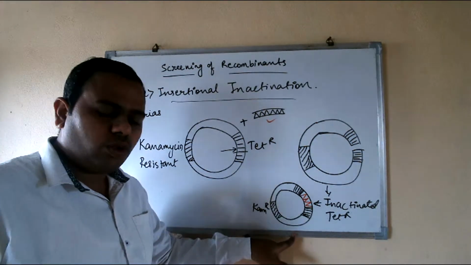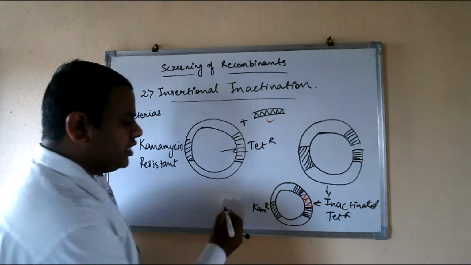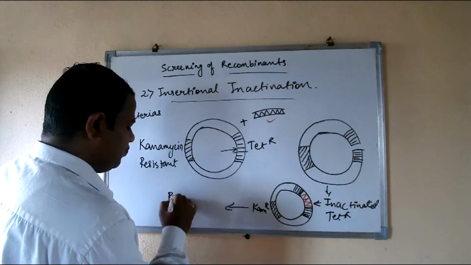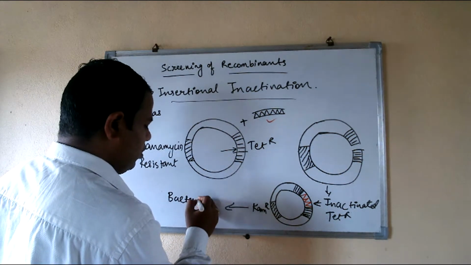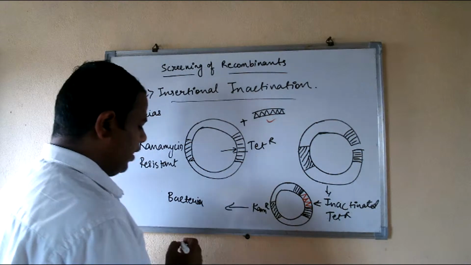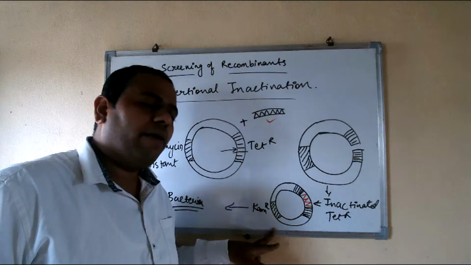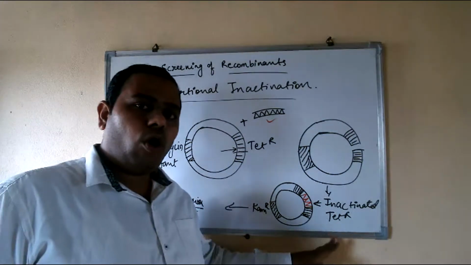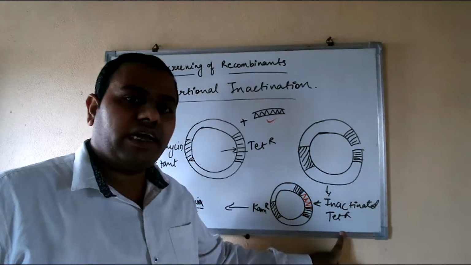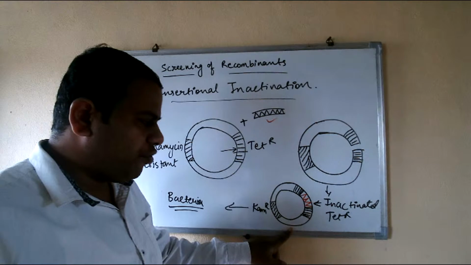So what will happen when this plasmid is inserted into a bacteria? This particular bacteria will be able to grow on kanamycin containing medium, but this bacteria will not be able to grow on tetracycline containing medium. What have you done here?